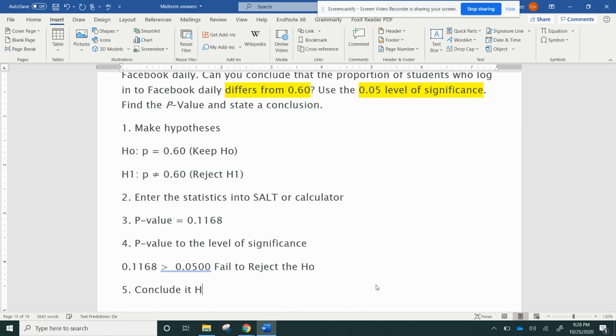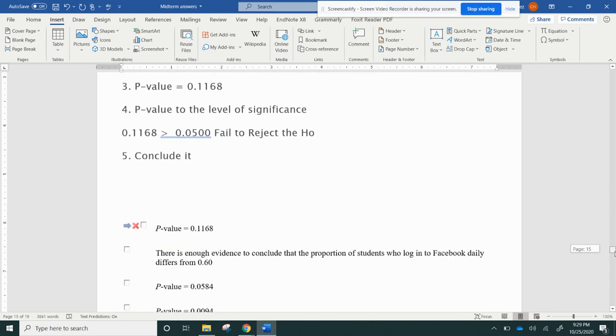But now what do I need to do? It wasn't different, so she was incorrect, because remember, she said it was different. If I kept my alternative, that would mean it was different. Because it wasn't different, then it's the same. So I'm going to conclude it.